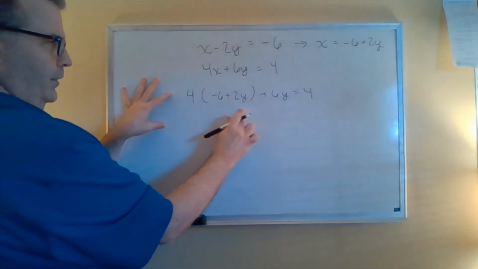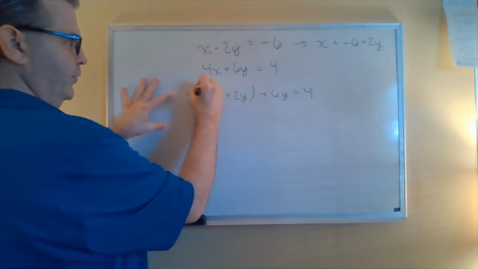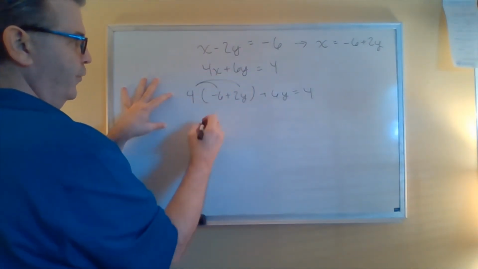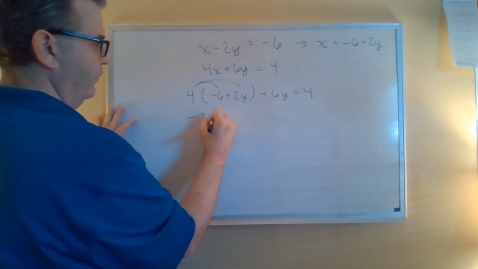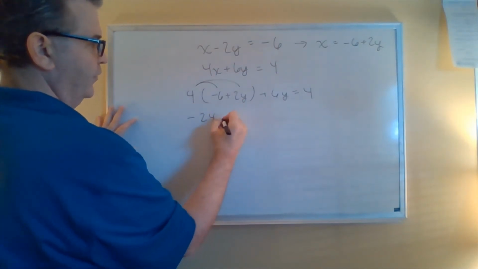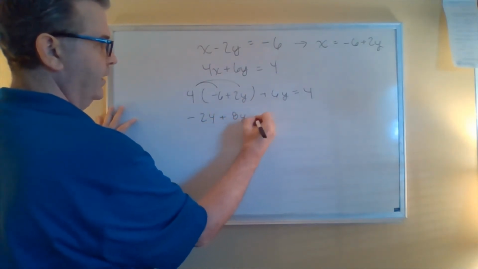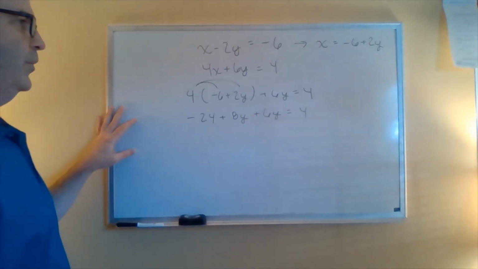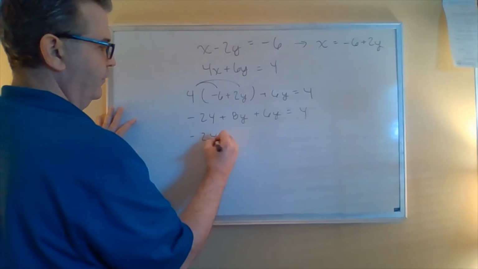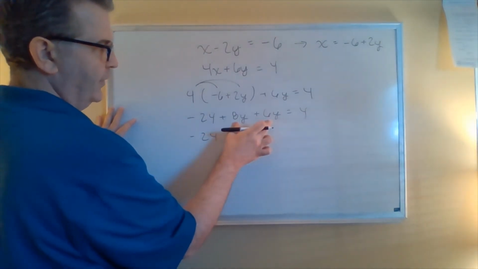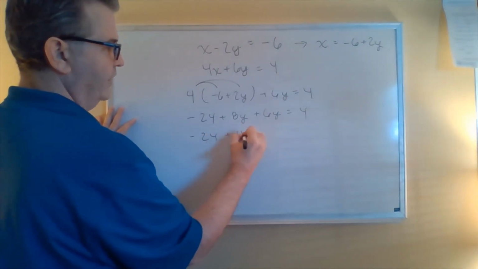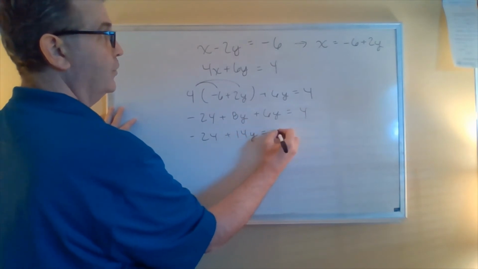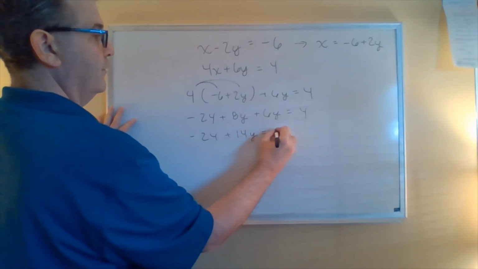So now I have a distribution problem here, so I'm going to distribute that 4 through. 4 times negative 6 is negative 24. 4 times a positive 2y, that's a positive 8y, plus 6y equals 4. Let's combine our like terms. I have 8y and 6y together, that makes 14y, minus 24, equals 4.